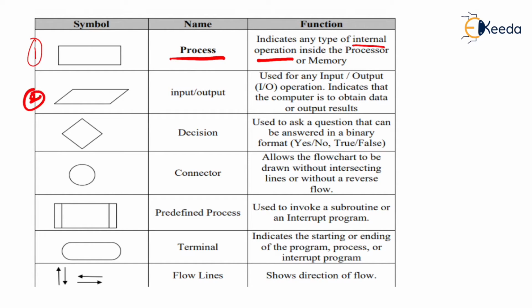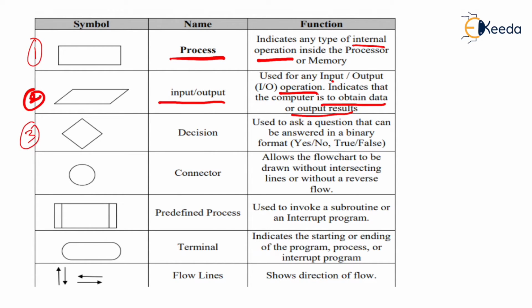The second symbol is the slant box. This box is called the input or output box. It is used for any input or output operations, and indicates that the computer is to obtain the data or give the results.